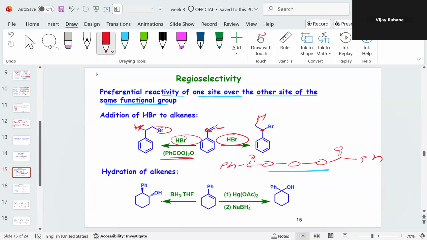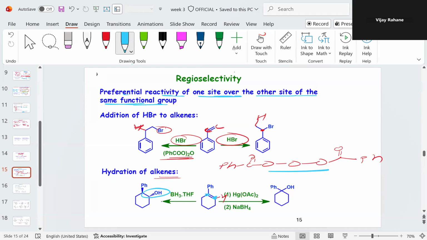Now if you do the hydration of alkene, this is our starting material. If you look here, this is the more substituted carbon and this is the less substituted carbon. If you do the BH3·THF addition and then the workup, where will the hydroxy group go? The hydroxy group will go on this center.